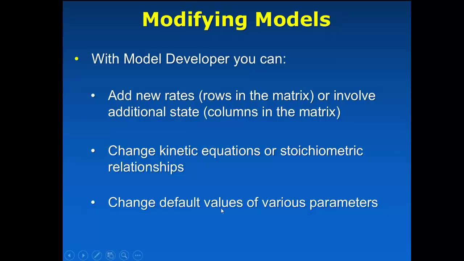You can also change the default values of all the various parameters. This is something you can actually do outside of the model developer tool. But if you're making a brand new model, you will take the time to develop all the default values that you want for the various kinetic parameters, and therefore you can set what you want those default values to be, and that will be the same across all of the different unit processes.